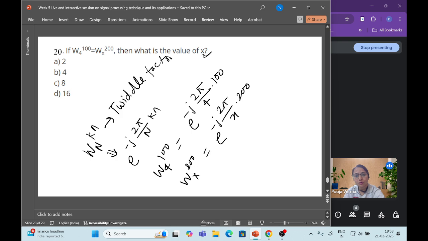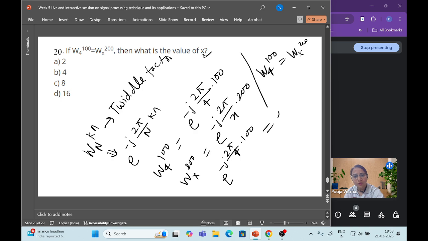Already it is given W of 4, 100 equal to W of x, 200. Putting these in, you will get e to the power minus j 2 pi by 4 into 100 equal to e to the power minus j 2 pi by x into 200, right?